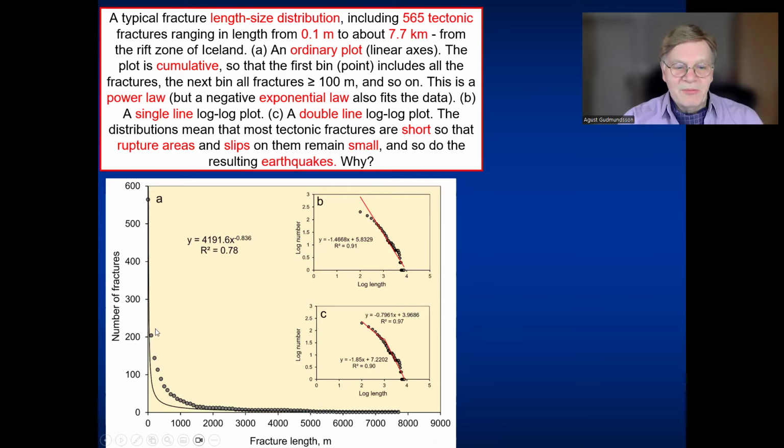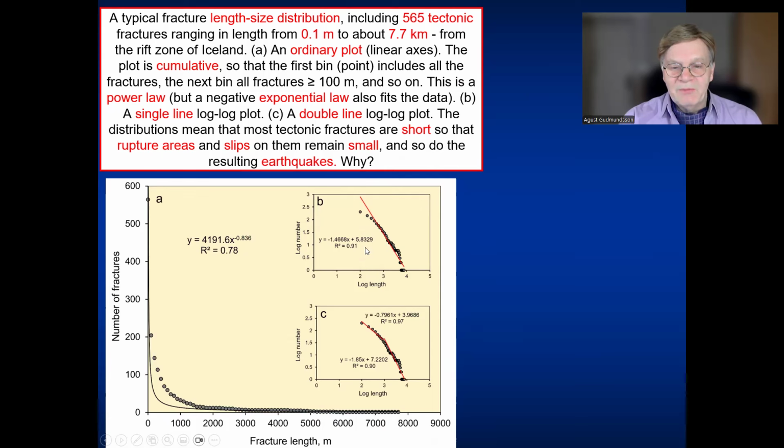Here is an ordinary plot, in this case a power law, but we can fit these data also, at least in many cases, with negative exponential laws as well. But if you look here just at the power law, we can plot it first on a log-log plot to see if it's a straight line.